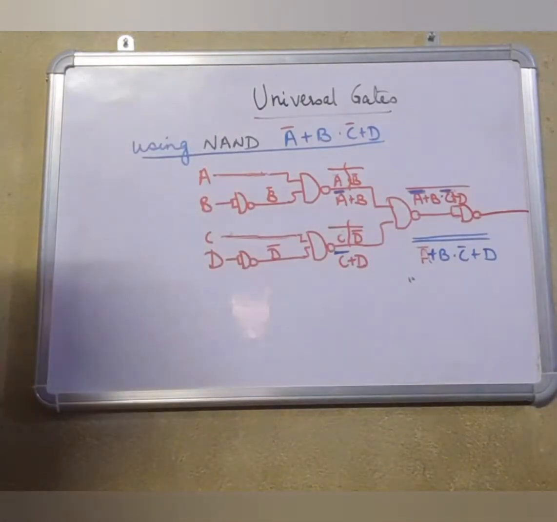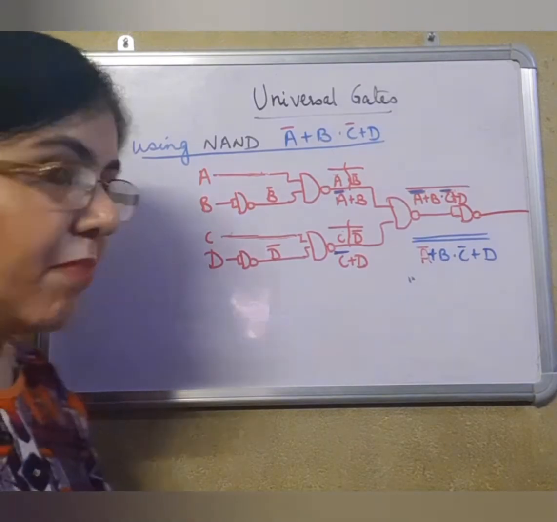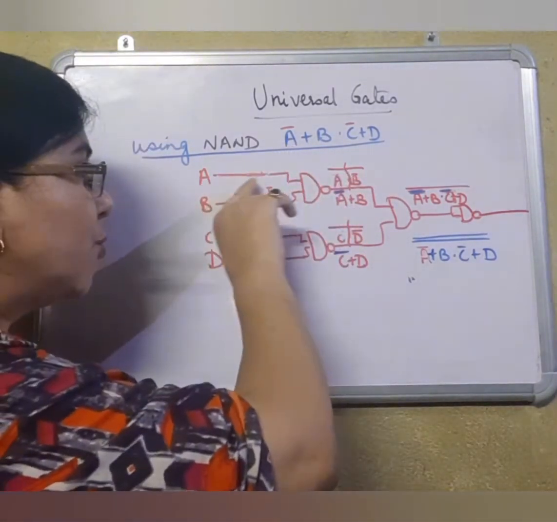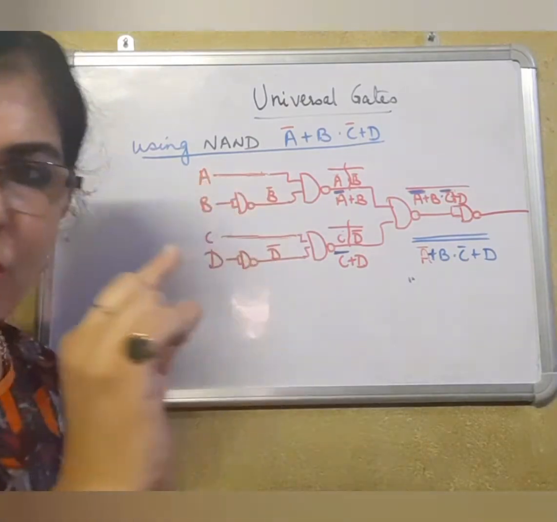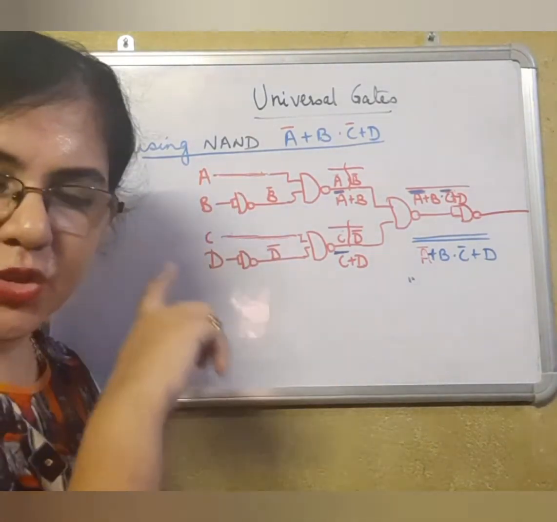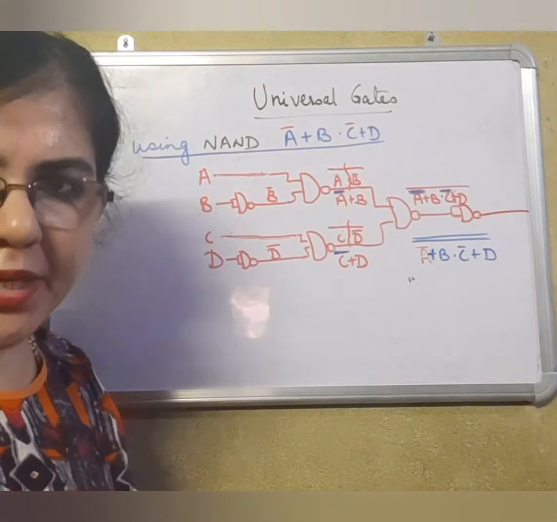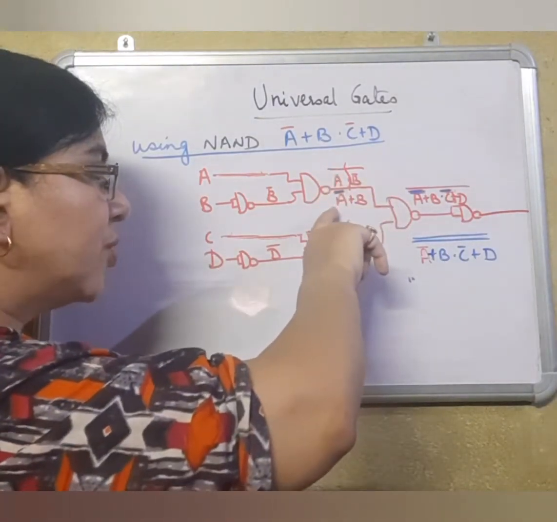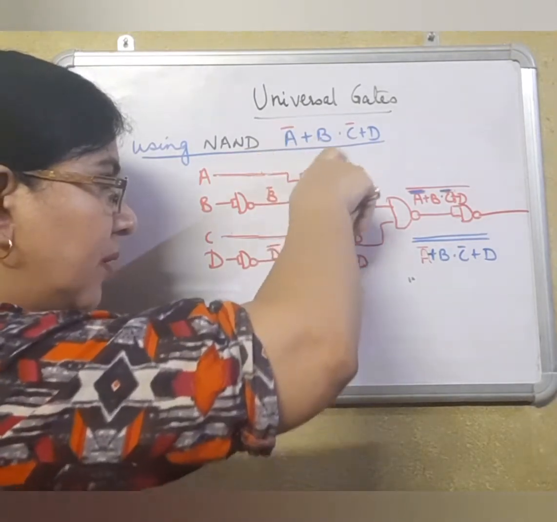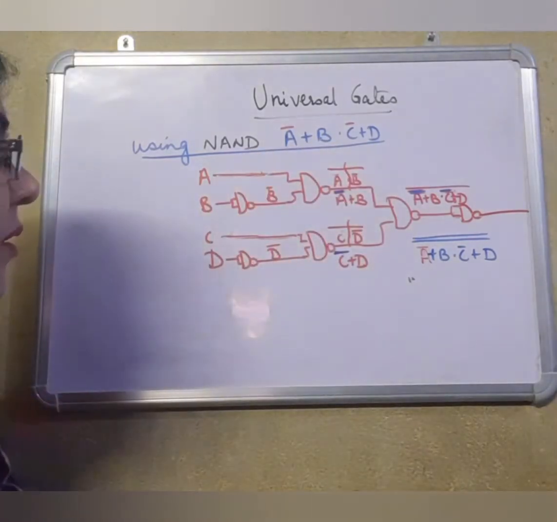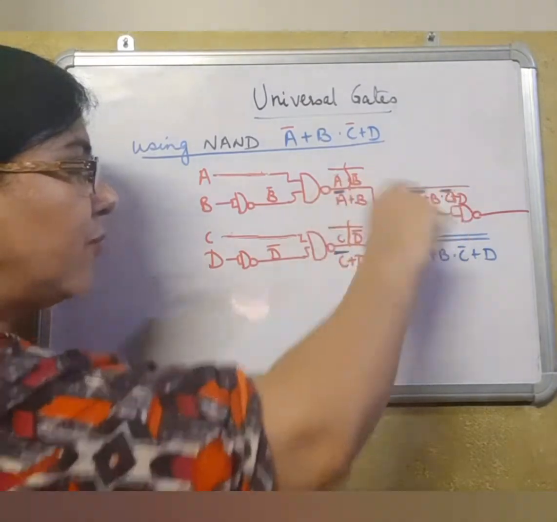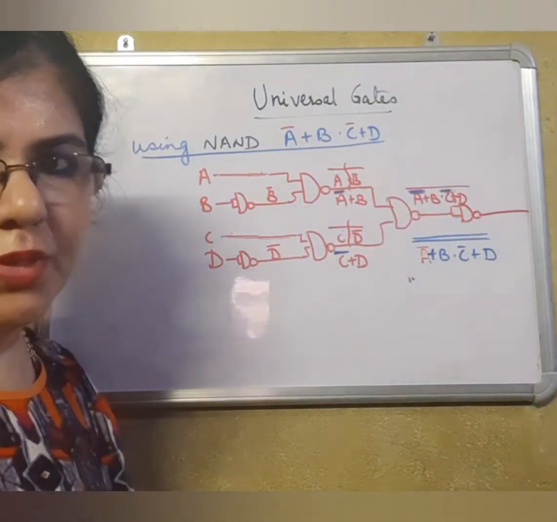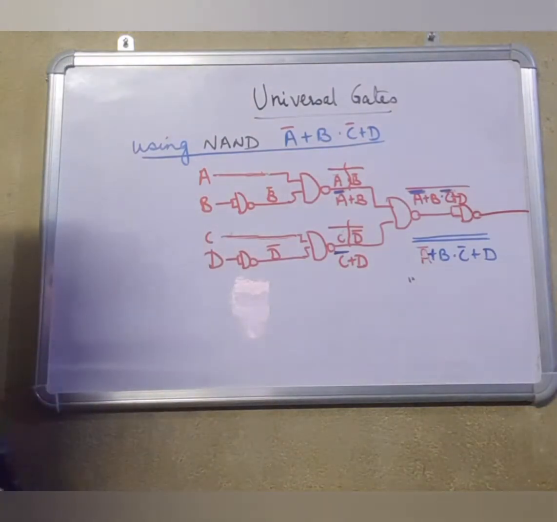So you have to be very careful when you are getting a bar with the plus sign. Then do not use any small NAND gate for it. Just pass that variable directly and then you will get by De Morgan's law the same product as was required, same output. But when we are passing it through an AND gate, we got a whole bar. So to remove that whole bar, again an extra gate will be passed.